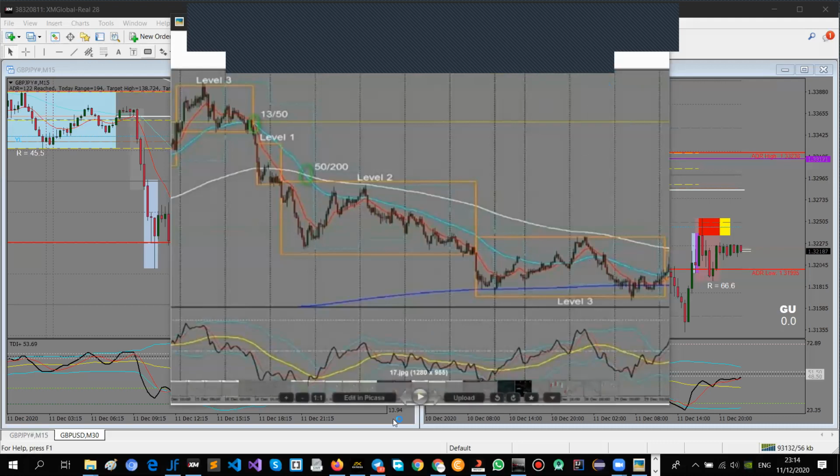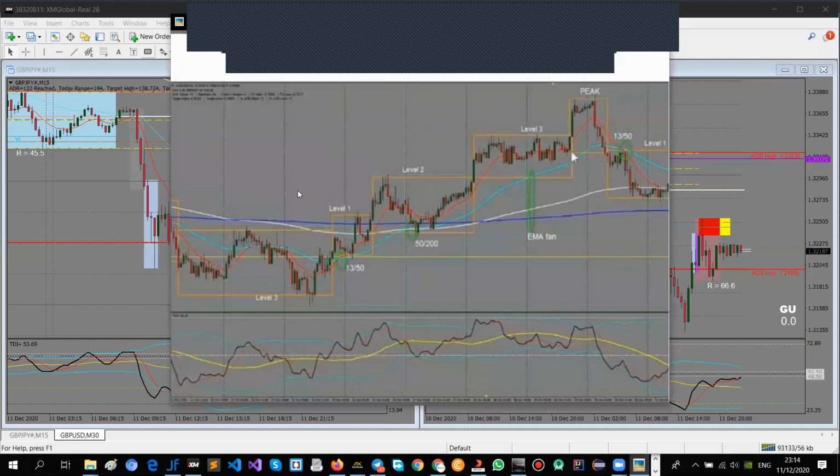That's how we count levels with EMAs. Moving on to this one, we see that this is level 3. How do you confirm? There is peak lock. This is the peak and level 3 from the previous cycle. How do you confirm that? There is the 13 and 50 crossover here, indicated by the green circle.